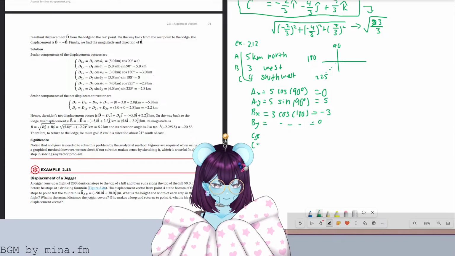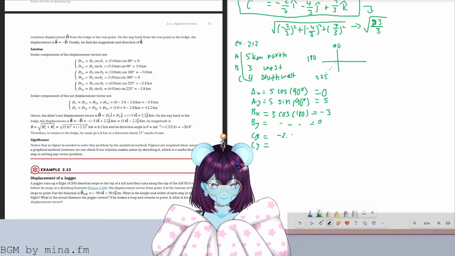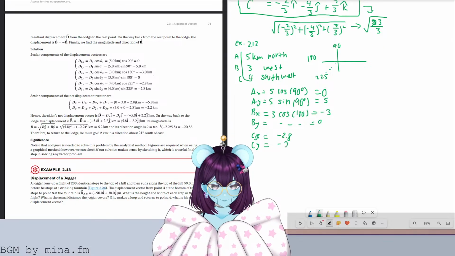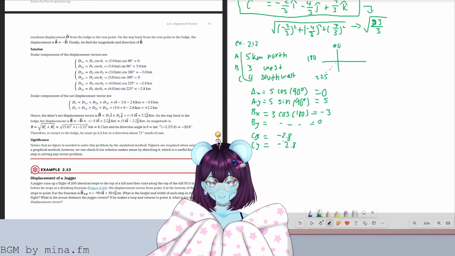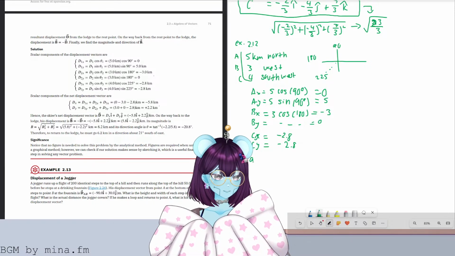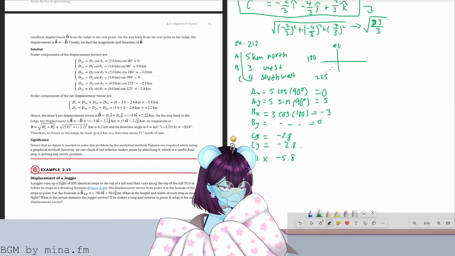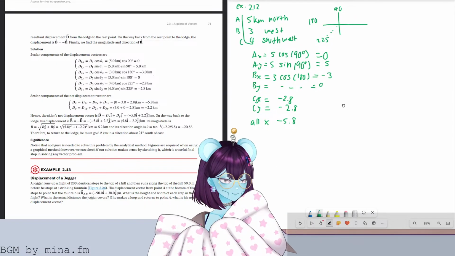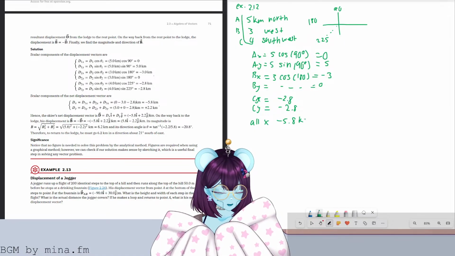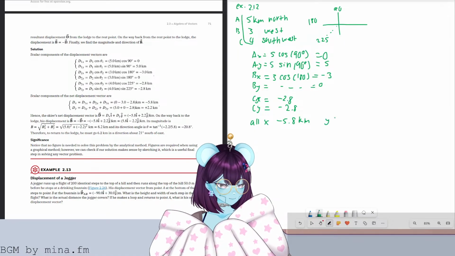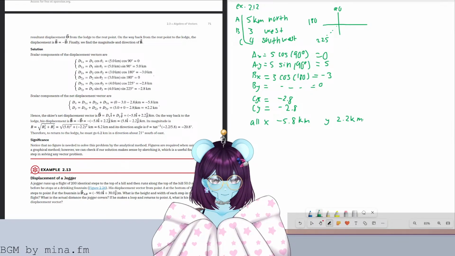Cx and cy, and then they got -2.8 and -2.8. Okay. Then we do the same thing where you add it all. So get all the x components, and then we get -5.8. All the x, you get -5.8 kilometers, and you do all the y's, so that is equal to 2.2 kilometers.